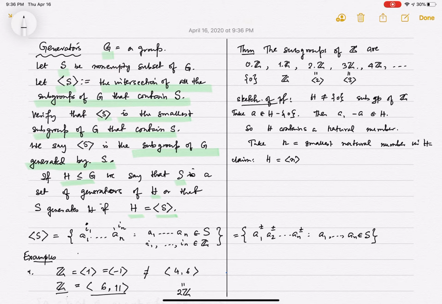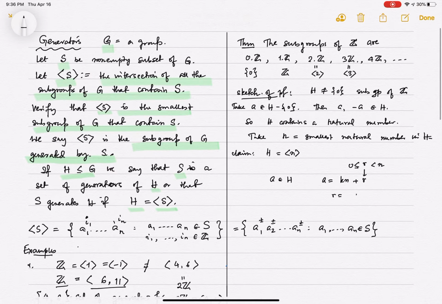And the reason is, if you take anything a in H, you can do division with remainder. You can write it as some multiple of n plus a remainder r, where r is between 0 and n, but strictly less than n.